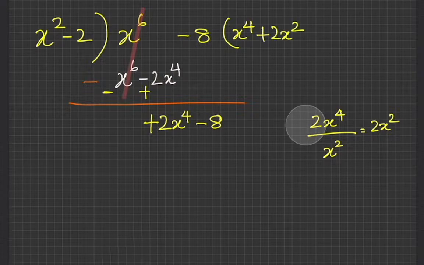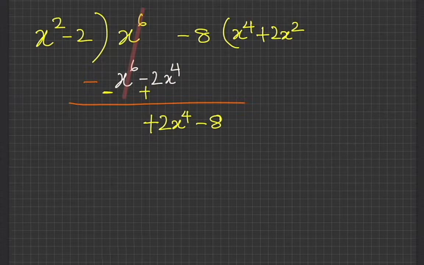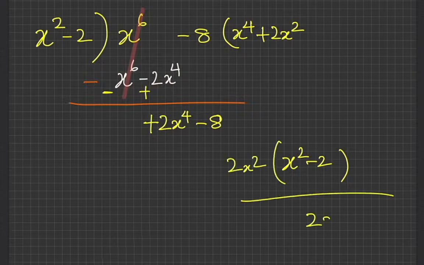Now I'm going to multiply x squared minus 2 by 2x squared. What do I get? 2x to the power 4 minus 4x to the power 2, right? So again, I don't have that term, so I'm going to put that term over here.